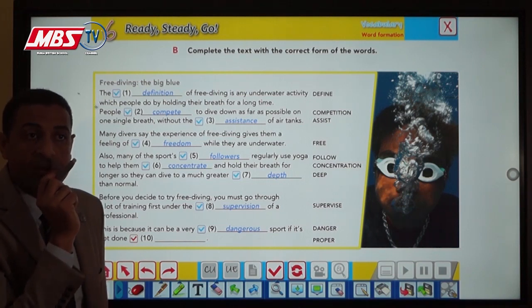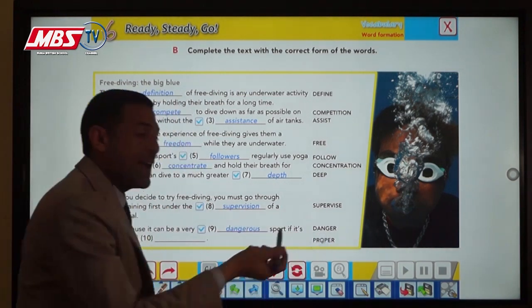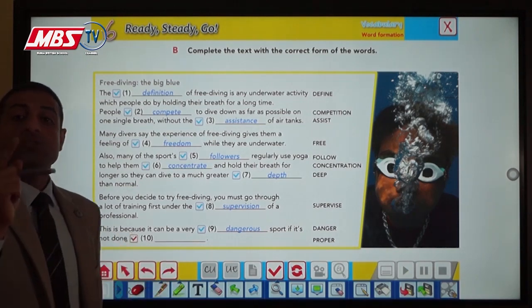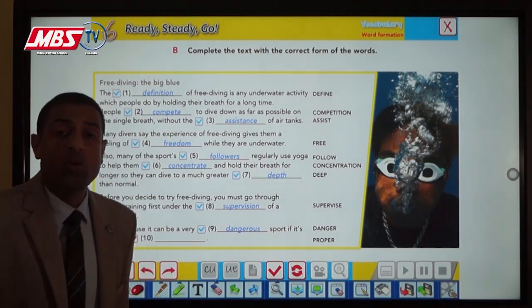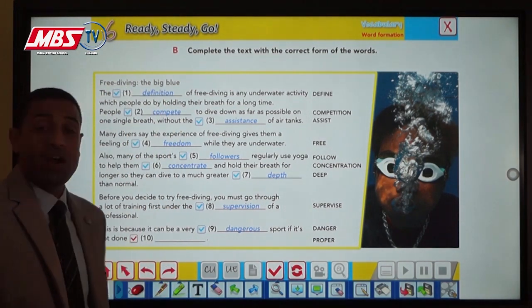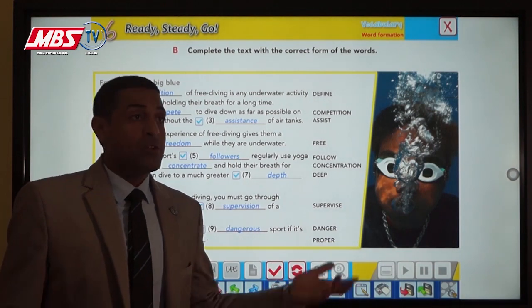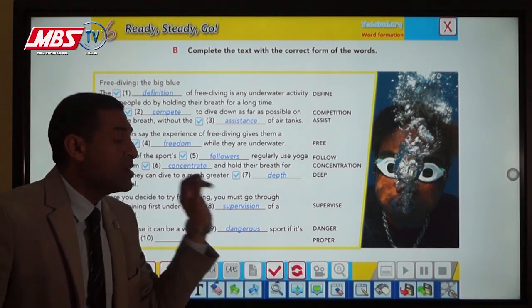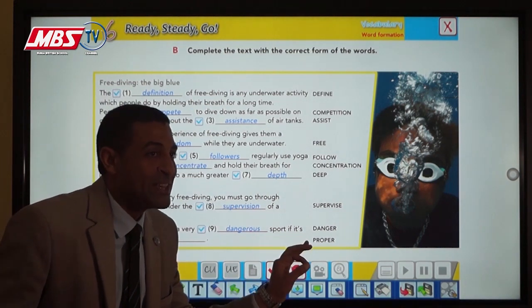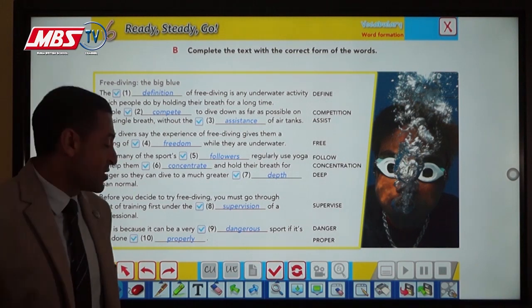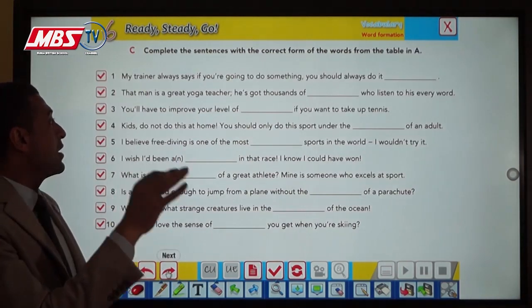Done is a verb, and proper is an adjective, so I need to describe this verb. What kind of word? What's the correct form to describe the verb? Is it the adjective? No, it's the adverb. So who can tell me the adverb of this word? Properly. So I will just add ly to get the adverb.